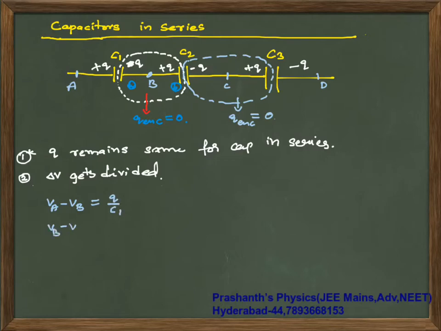Potential difference between B and C is given by Q by C2. Potential difference between C and D is given by Q by C3.